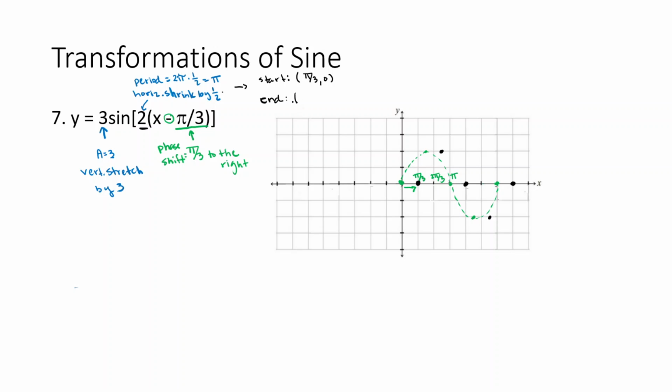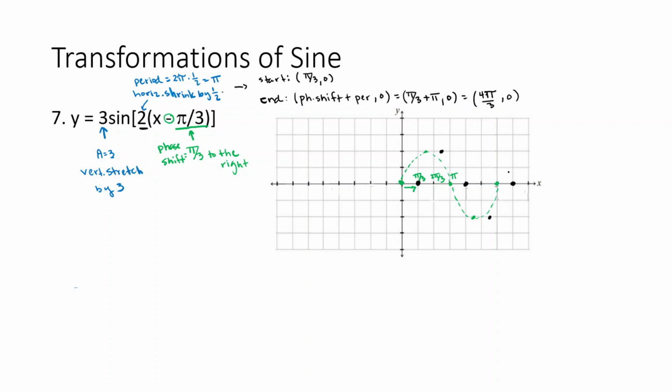But it also has to be affected by this pi third. So what we'll actually find is that my end is going to be my phase shift plus my period. So in this particular case, that's going to be at pi thirds plus pi. So that's going to be at 4 thirds pi.